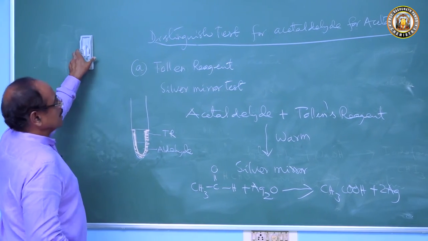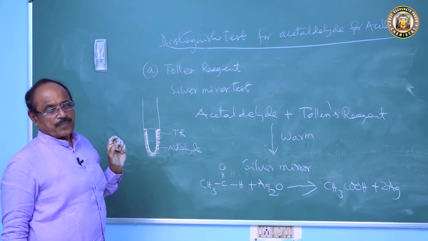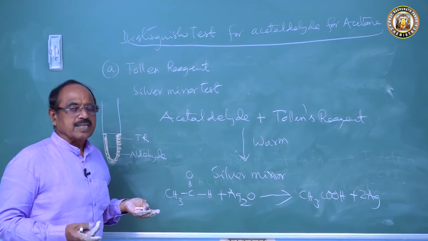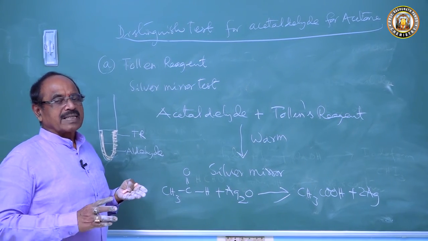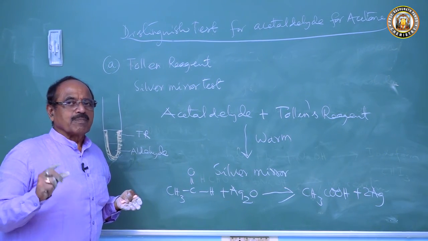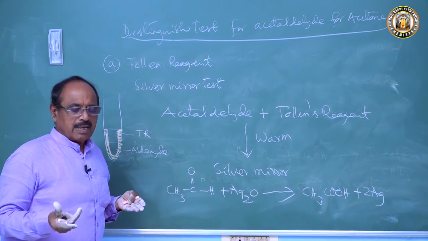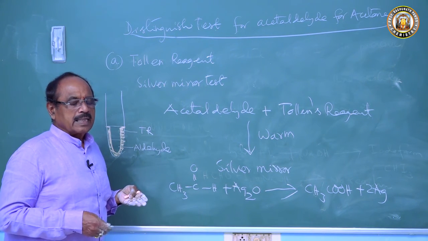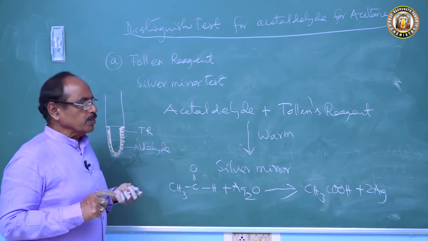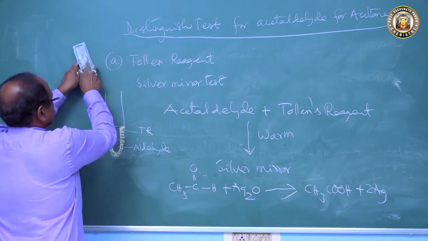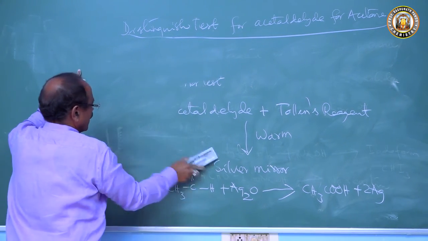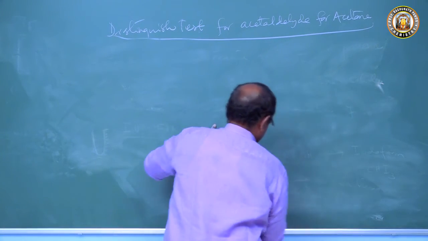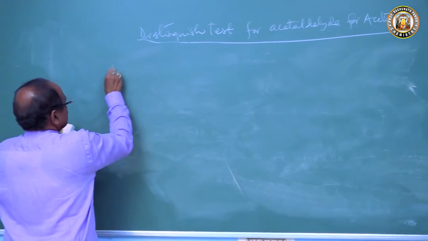The second test is the test with Fehling solution. Acetaldehyde forms a red precipitate with Fehling solution, but not acetone. Fehling solution reacts with acetaldehyde to form a red precipitate due to cuprous oxide, but not acetone.